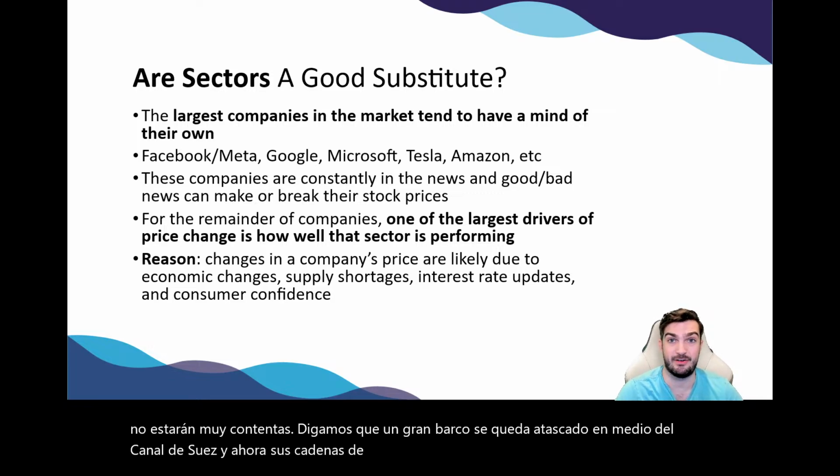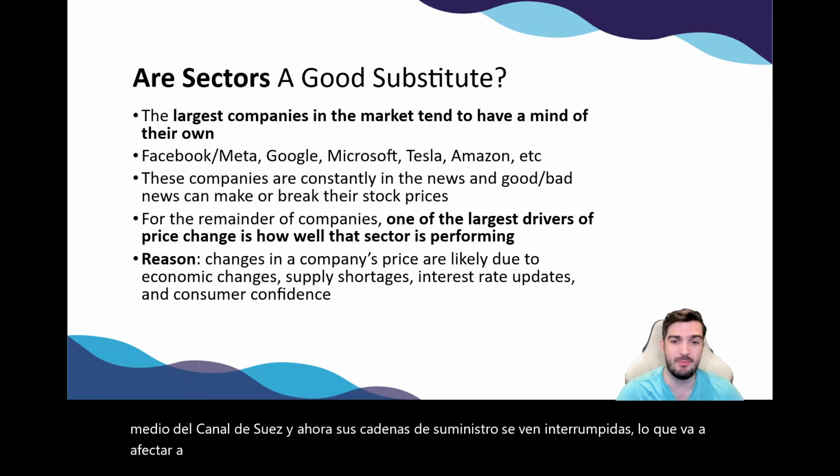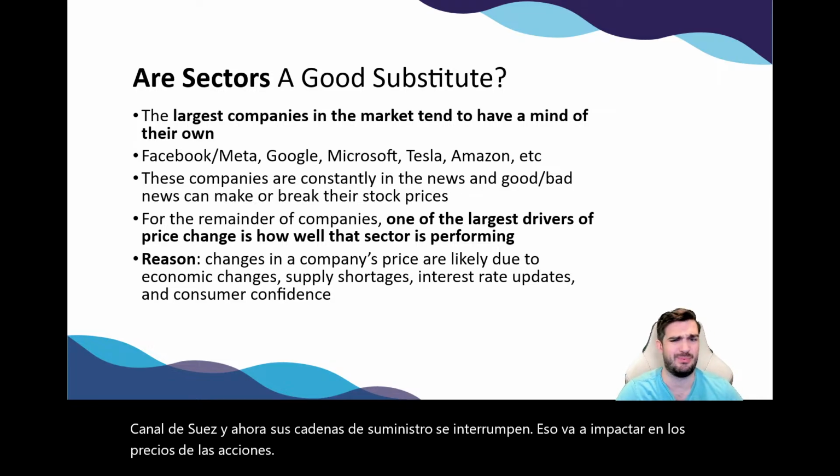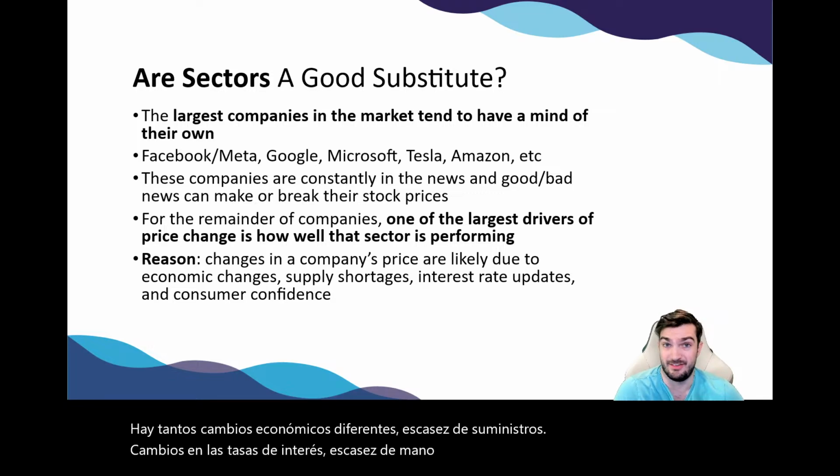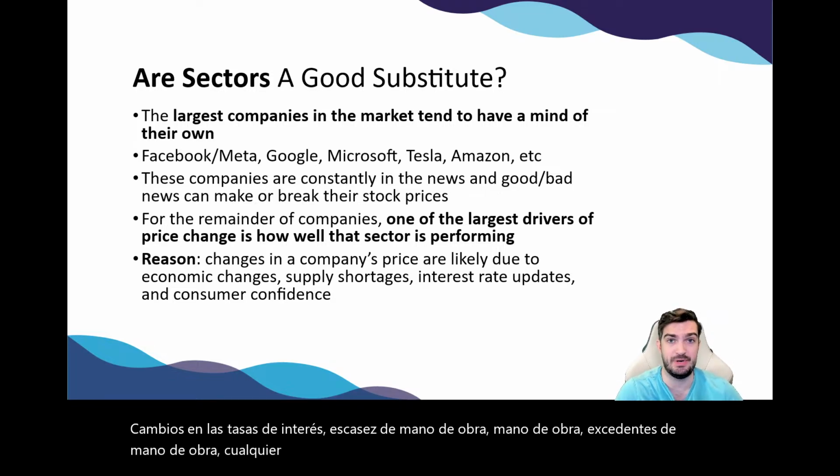That's going to impact stock prices. There are so many different economic changes, supply shortages, interest rate changes, labor shortages, labor surpluses, anything and everything that can affect how well a company can perform is going to impact the stock price.